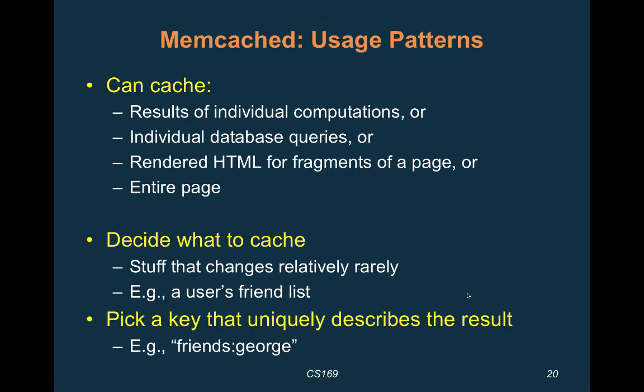That's HTML, a long string that has embedded in it data that you got from the database. You can store that whole thing pre-computed, such that when next somebody comes, you can just have it ready to go. Or the entire page. Essentially, at the end of your view function in your model view controller, you compute everything and stick it in the cache.